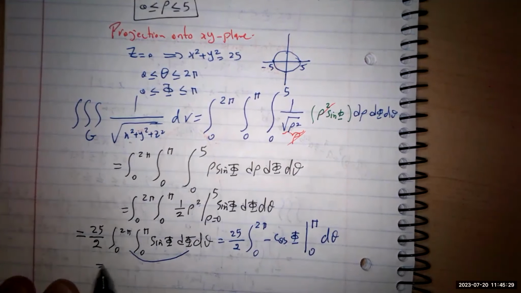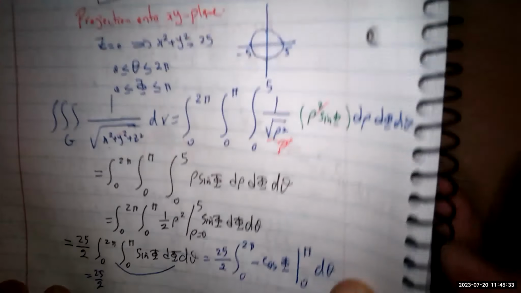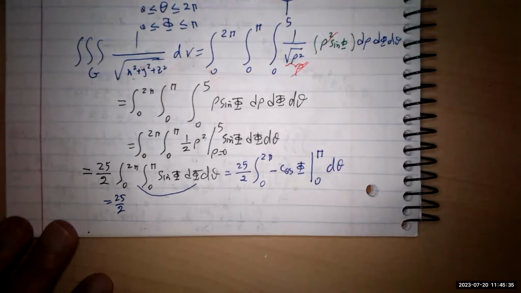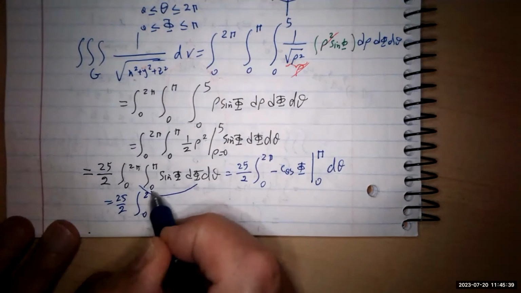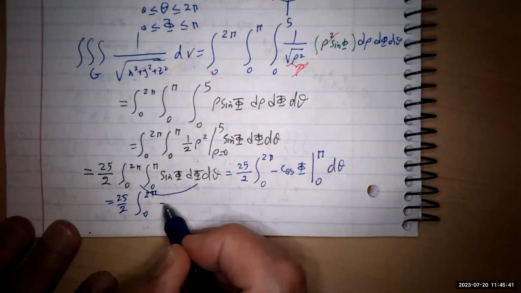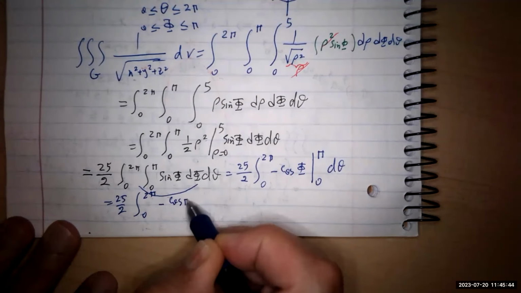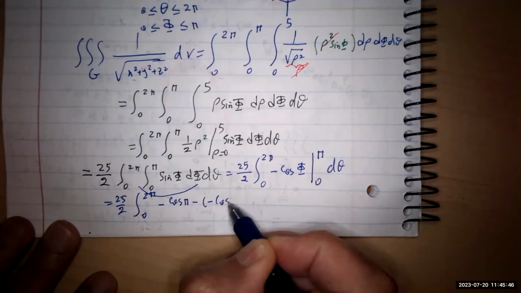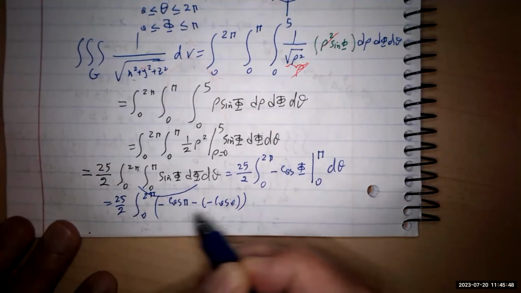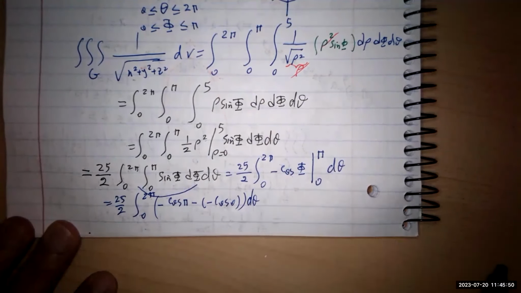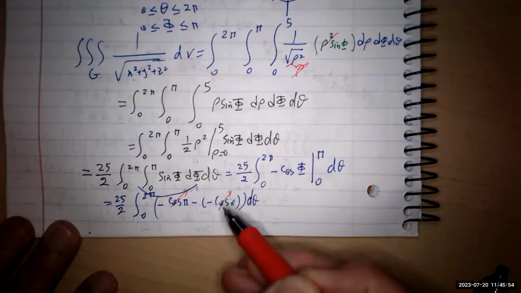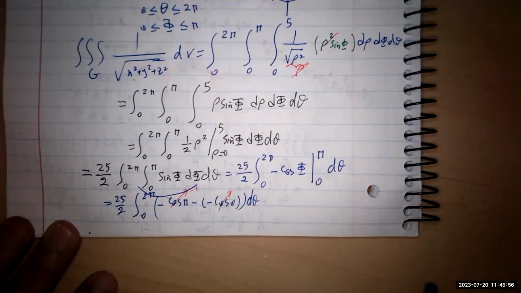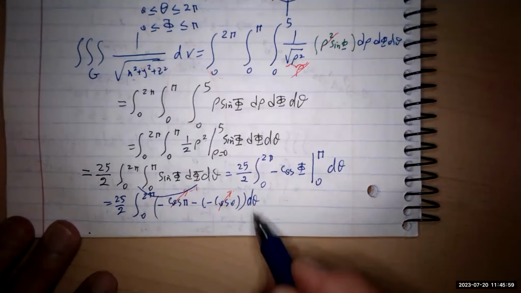If you put in pi, that gives you negative cosine of pi minus negative cosine of 0. You know that the cosine of pi is negative 1, so this is 1, and the other is 1, which gives 2.